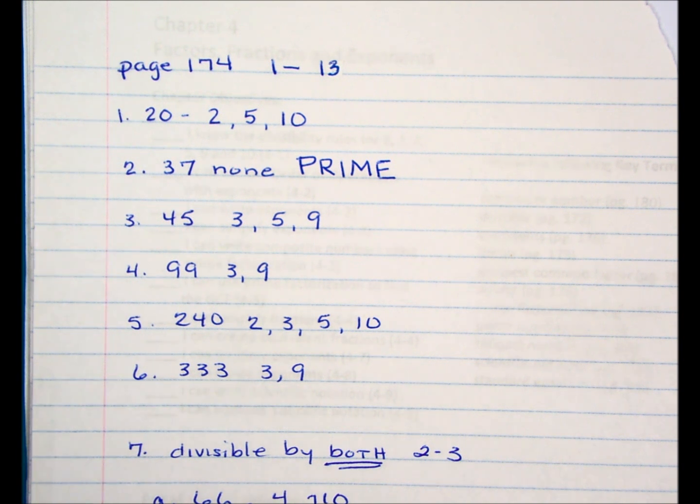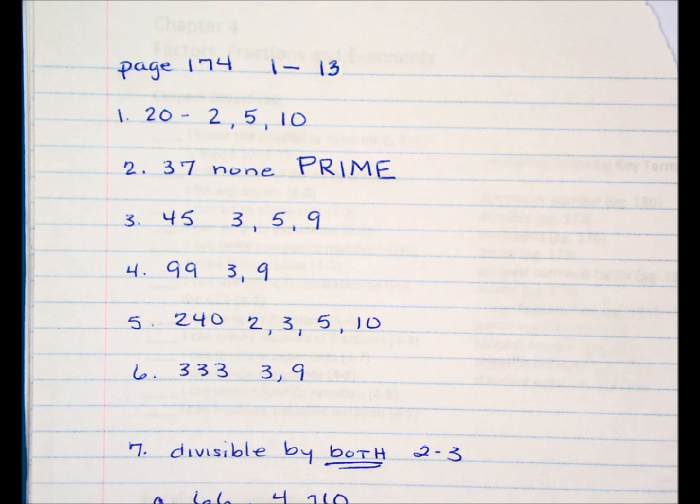And then 4 plus 7 plus 1 is 12. So both those numbers were divisible by both 2 and 3. Then it asks you to find out what numbers were divisible by 6. And I'm sure that you took 6 and used your typical division, and you found out that only 66 and 4,710 were both divisible by 6.